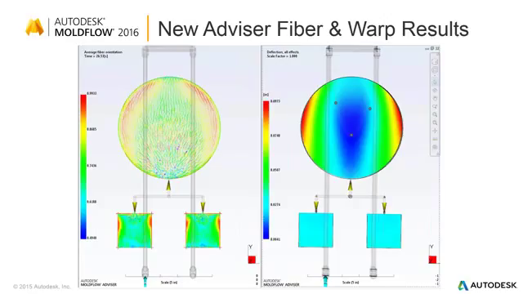The focus is still primarily to compare designs, like design A or design B, or gating location A versus B, and see which one will warp more or less. That's still exactly the same as it used to be, but you now have a bit more handle on the quantity of warpage that is occurring.